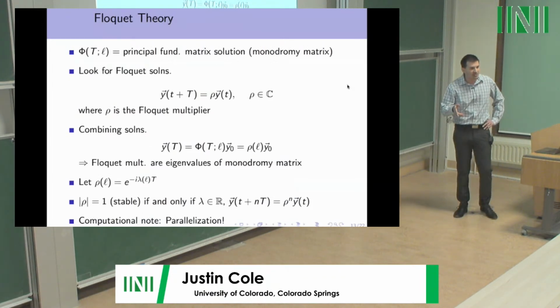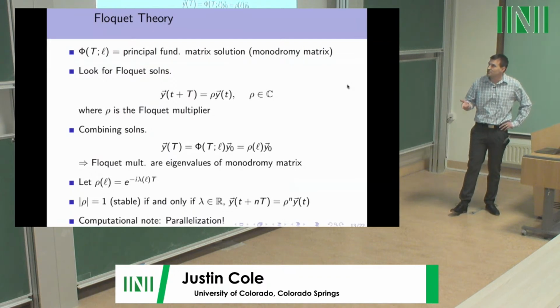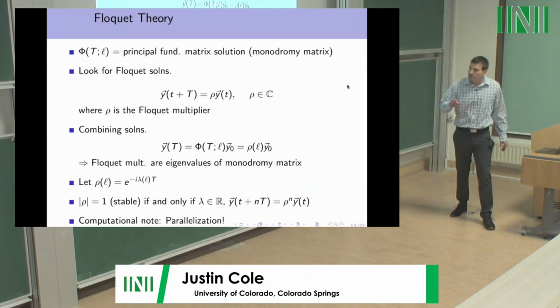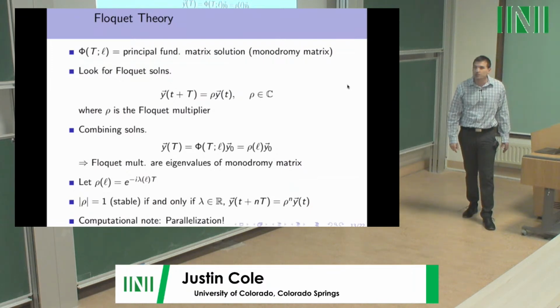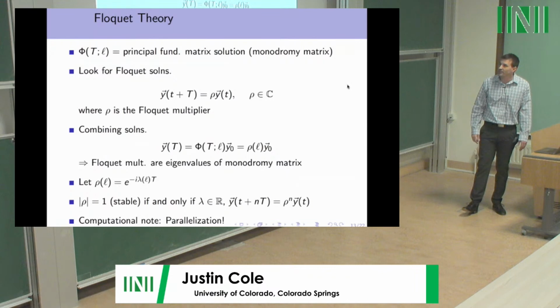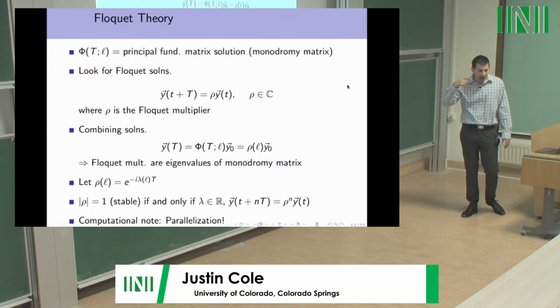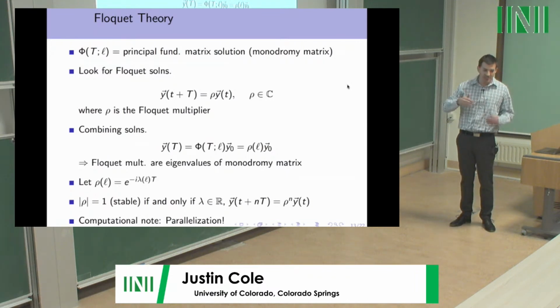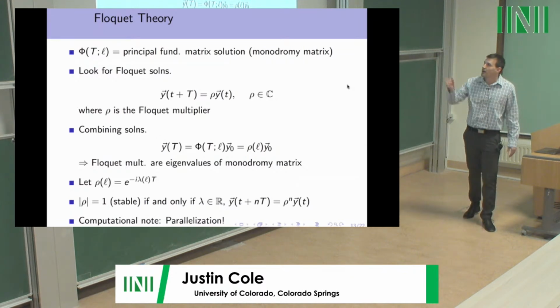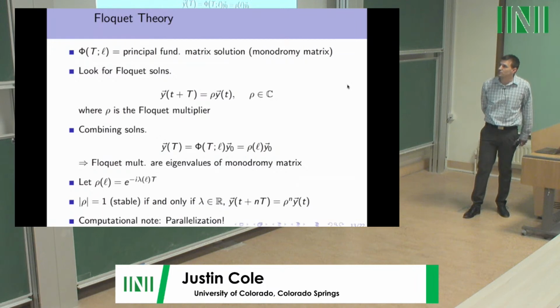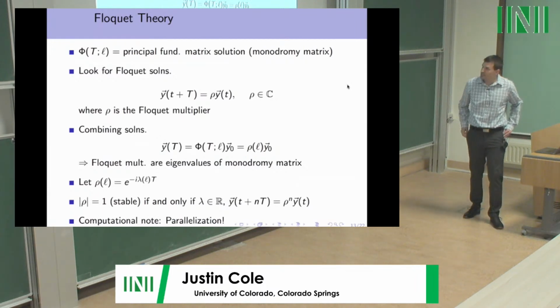Now let's move on to the Kuznetsov model, which, as I mentioned, is a Floquet problem. There are 2 pieces to this. The first is the monodromy matrix, which is the principal fundamental matrix solution, phi, after 1 period. Capital T would be the period of those peaks in the previous slides of the Kuznetsov model, parameterized in terms of the transverse wave number L. The principal fundamental matrix solution is the matrix solution with identity initial conditions.